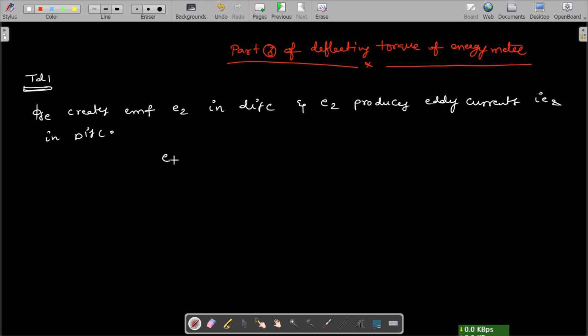Now this E2 will be proportional to minus d by dt of phi SC. We know the phi SC equation, phi SCM sine of omega t minus beta, which we discussed in the previous video.